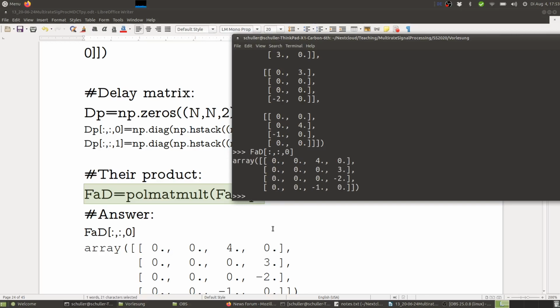So here the entries for z to the 0 and here for z to the -1. So you can see here the first half, the left half, is multiplied by z to the -1. And this is now done without SymPy.